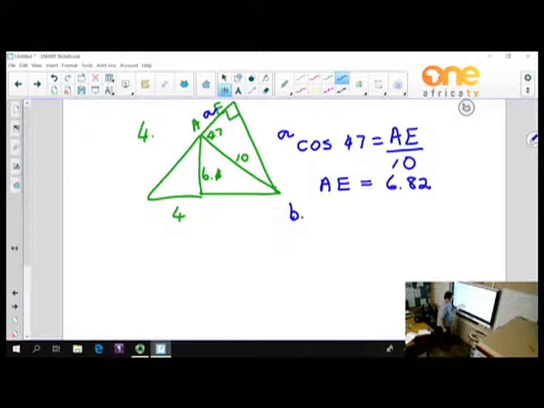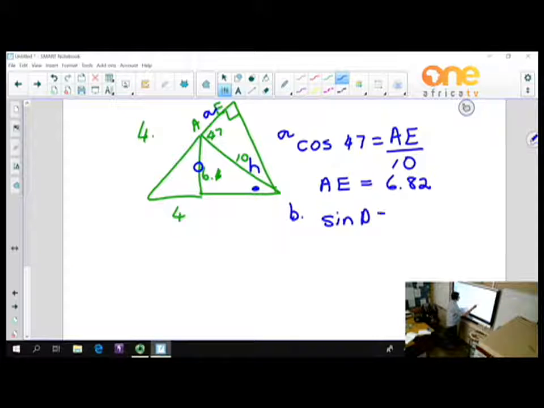Then the second one, angle ADC, which is now this one that we're looking at there. What is this? The opposite. This is the hypotenuse. So which function will you choose? Sine.